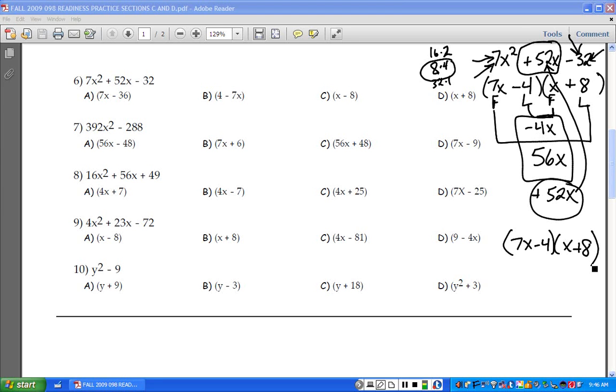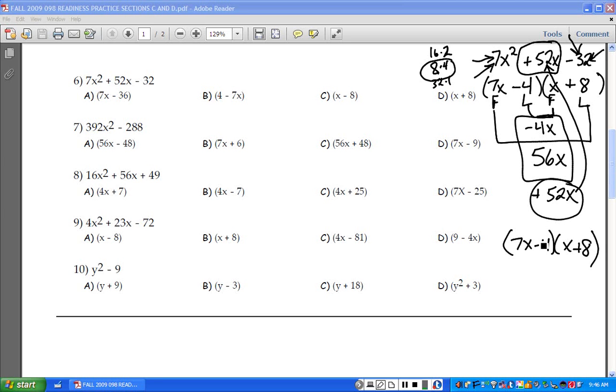Now I wish there was an easier way for me to tell you how to get right to the answer. There are some other methods that could be used for this, but still at the end of the day it's a trial and error situation where you're having to think of the proper factors to try to get you to the answer you're looking for.